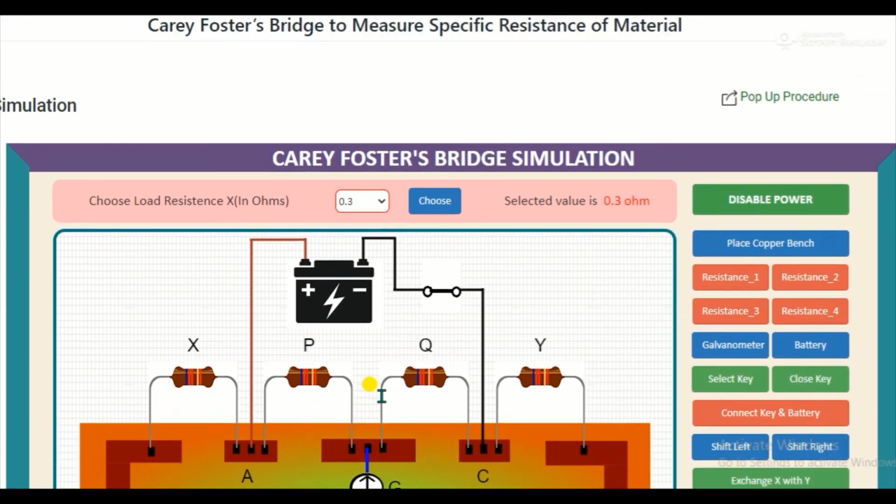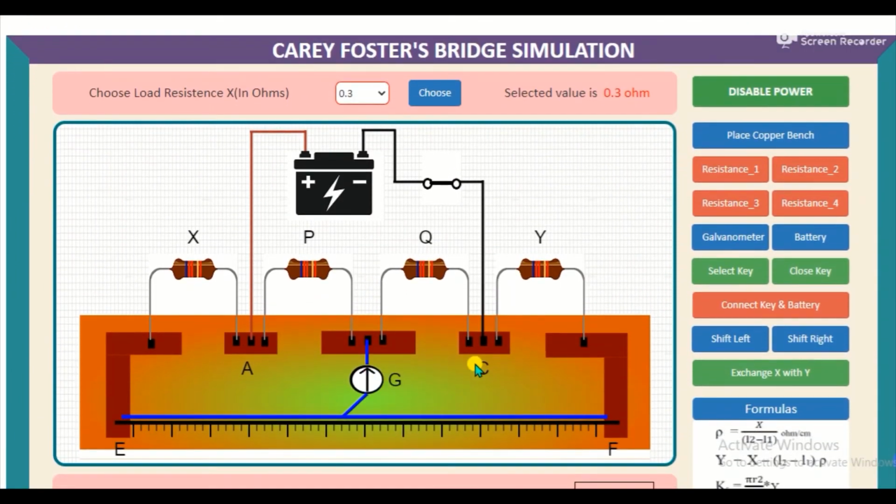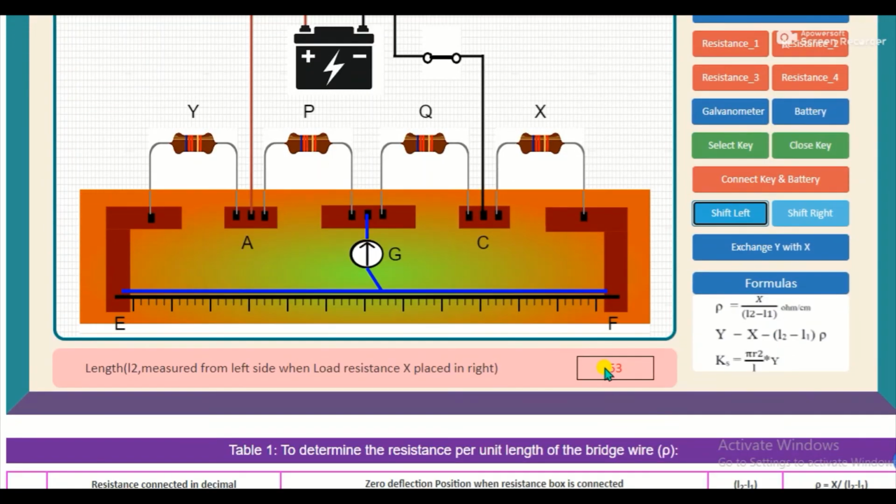If you have any doubt regarding it, you can comment in the comment section. Now I have exchanged Y with X. Now we will shift it towards right. So this was the reading, 53.